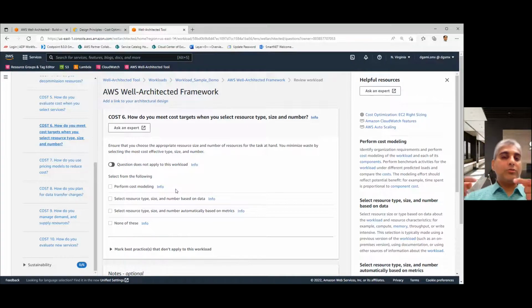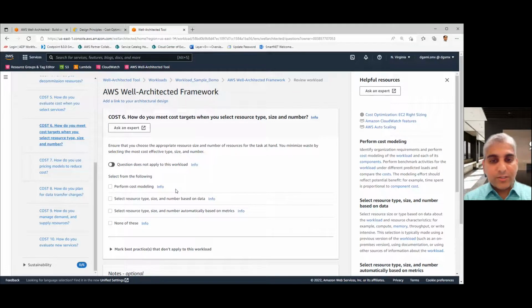But then, at a higher maturity level, you can build that decision making into your scripts and event-based model, where you look at the metrics of how you're performing, like how much workload each of these resources has, are they sitting idle or not, and based on that you may modify the resource type, the size, or even the number automatically.